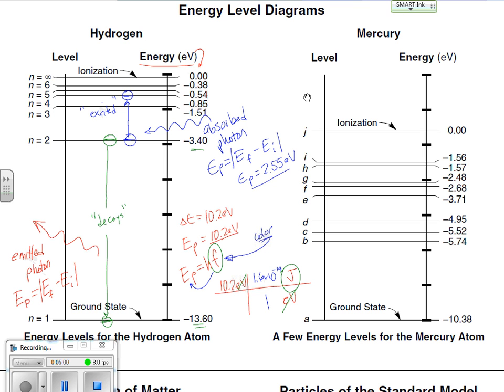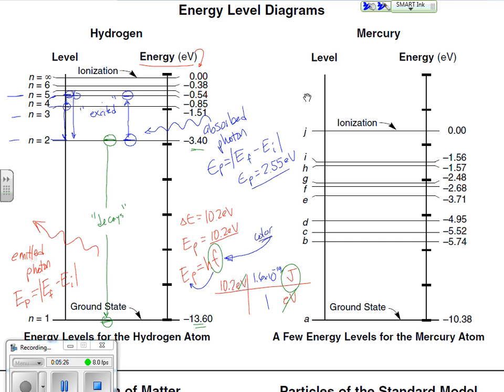Another thing to be familiar with is that, let's say we have this electron in the n equals 4 state. I know it says 5 right here, but look, 2, 3, 4. If this electron is going to go back to n equals 2, it could first do this and then do this, or it could go all the way there.